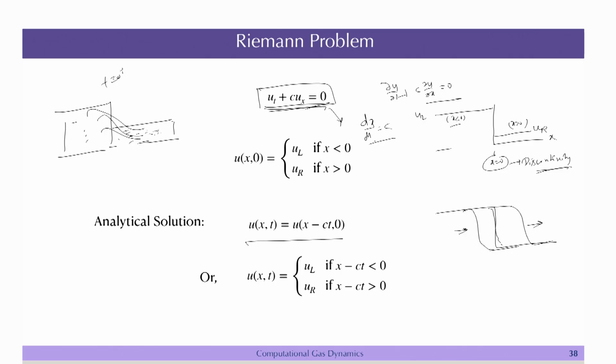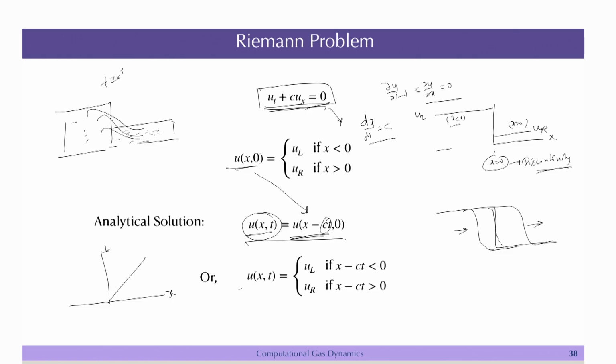So, you can plot this characteristic across the discontinuity, going like this, this is t and x, and the slope is 1 by c here. If you know the initial solution, you can get the solution at any time, because this is just the solution marching by ct. So, if you know the solution at x at 0, you can take x minus ct at 0, and that will be the solution at any given time.